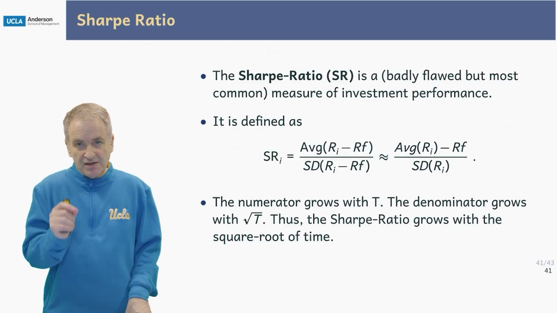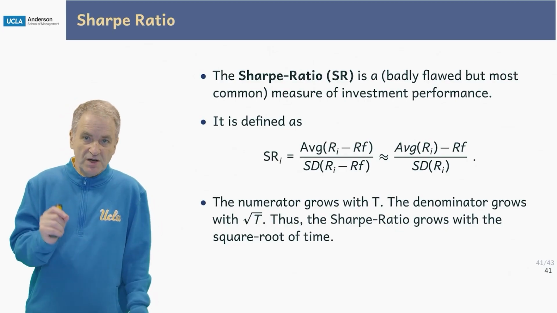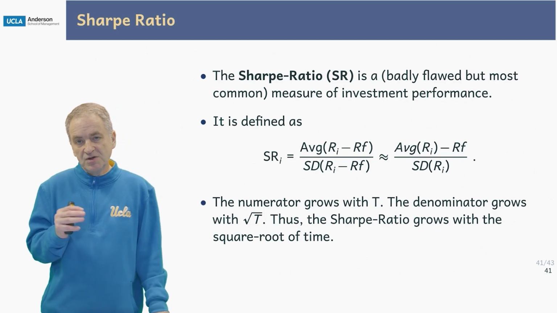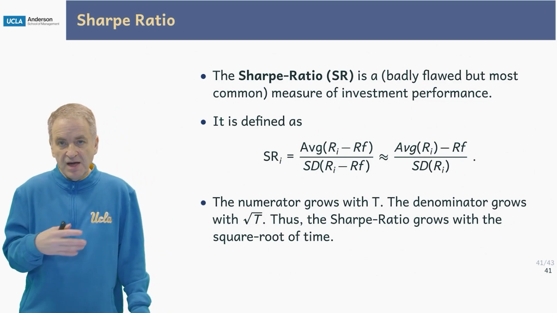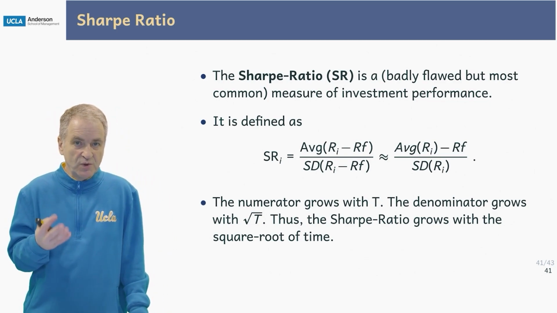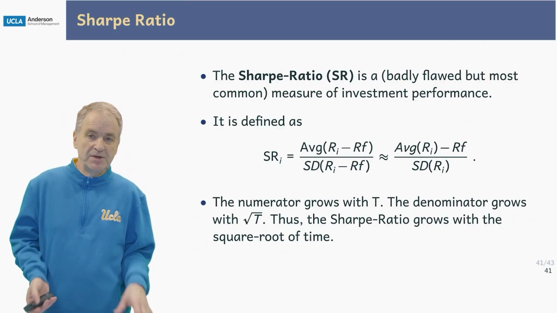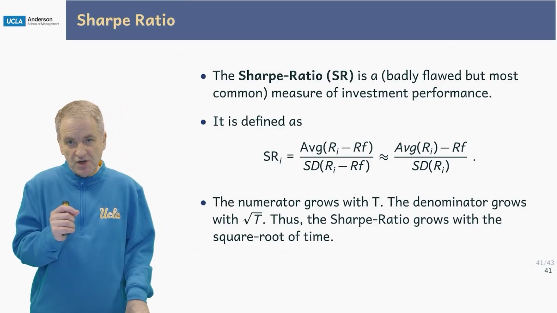The denominator, the risk, grows with the square root of t. So if I told you that your standard deviation per month was about 2%, then it would grow with the square root of 12 times 2%. So we're talking about, well, maybe 8%. So the Sharpe ratio grows with the square root of time.